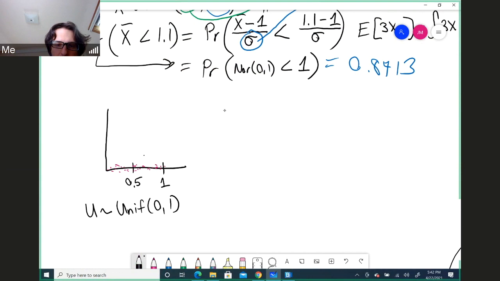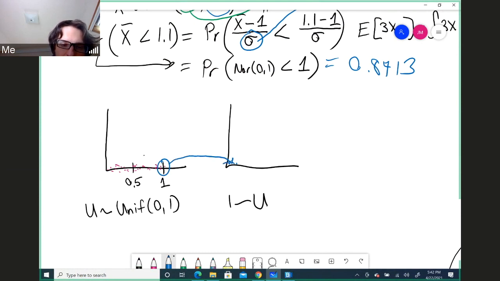And if you look at 1 minus u, then let's say these guys here, 1 minus this, are going to become these 3 here. Likewise, the ones in the middle, 1 minus about 0.5 is going to end up being about 0.5 here.